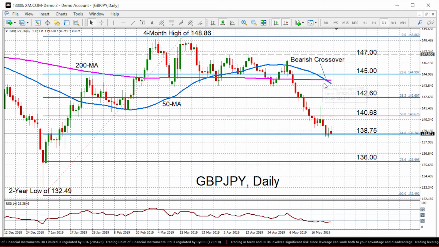We recently had a bearish crossover between the 50 and 200-day moving averages, reinforcing the bearish structure in the medium term. So if that trend continues, the next support to watch would be the 136 handle, that's the 78.6% Fibonacci, and then prices would head towards the 2-year low of 132.49 set at the start of this year.